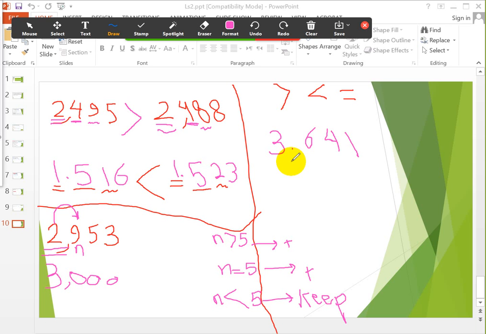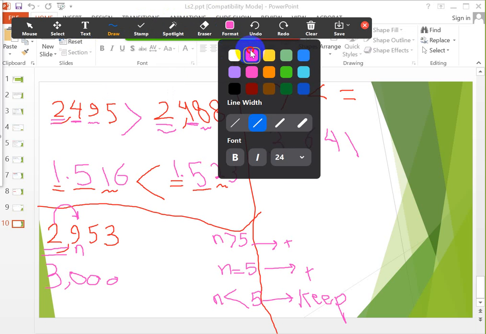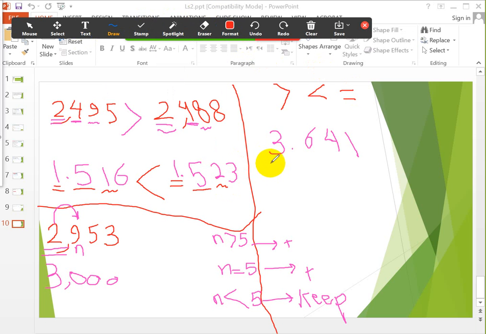Okay? Where's the ones digit right here? I will use the same strategy in rounding. The ones digit is right here. This is the ones. Also, what I have to do is the same steps right here. I will use the same strategy.